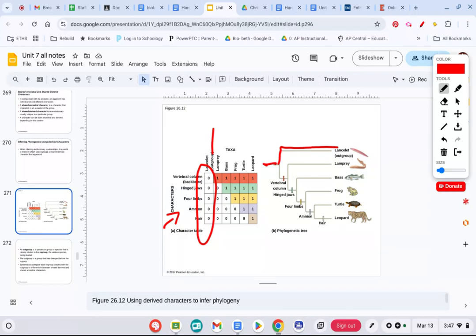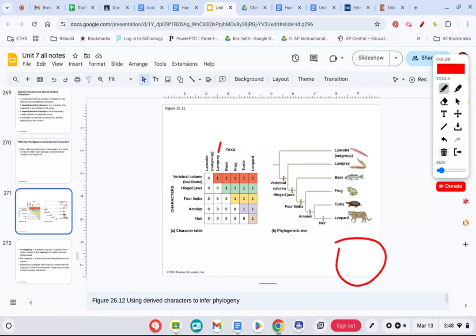The next thing you're going to look at is the next group of organisms that has the fewest common features, and in this case that would be the lamprey. They've nicely organized this so you don't have to think about it. The lamprey has a backbone, and it does have a jaw, but it doesn't have a hinged jaw. It's really weird.